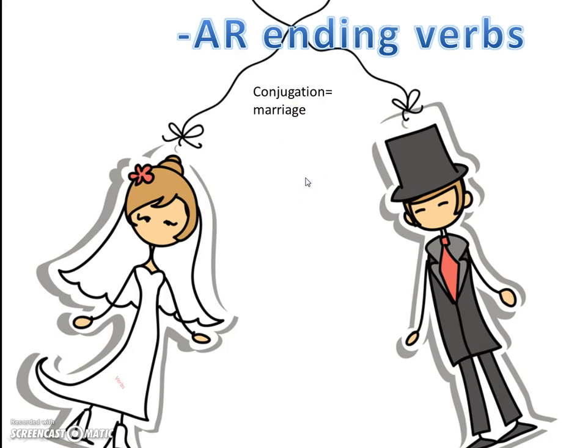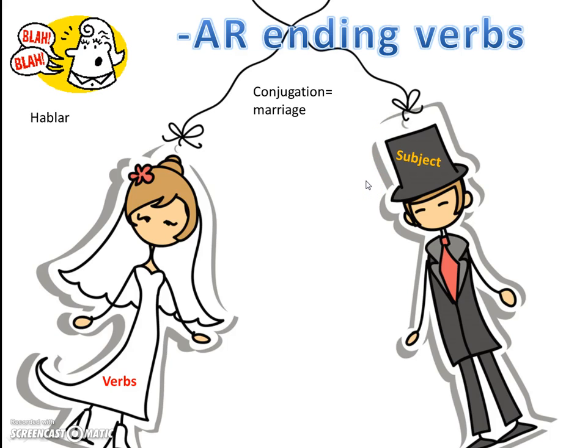What's happening here? The verbs are the girl, and the subject is the husband. So the girls are the verbs and the subjects are the husbands. And there's an ending. What's going on here? All right, so let's look at the verb hablar, to speak.